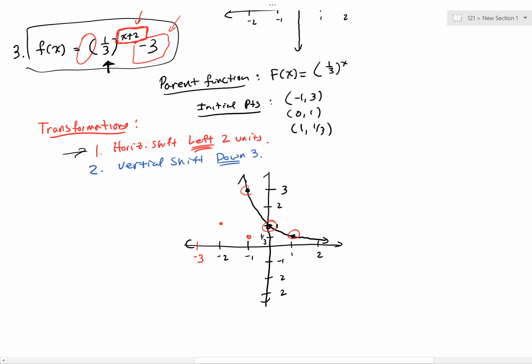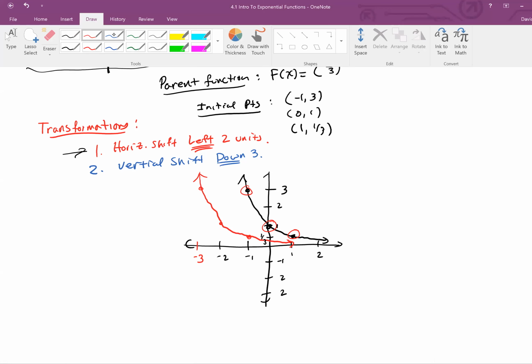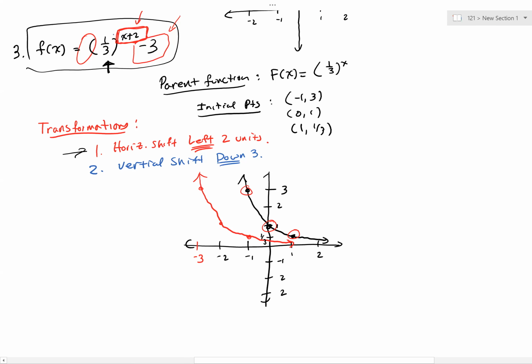And if I take this point here and shift that left 2 units, it goes to x equals -3. So you're basically picking up the graph and just moving it over 2 units and then dropping it down. So that is the first transformation. The second transformation is I'm going to move each of these 3 red points down 3 units.